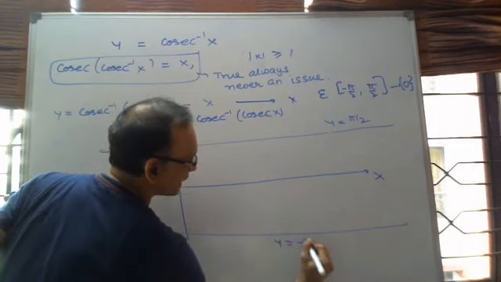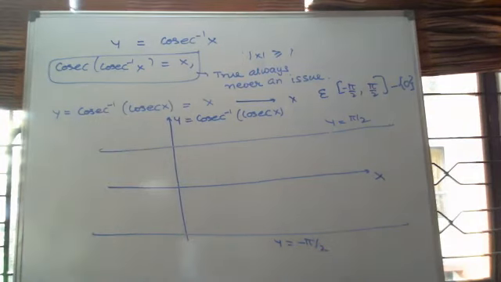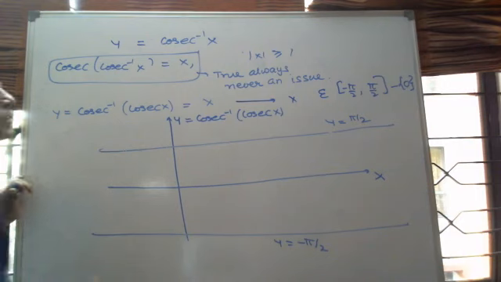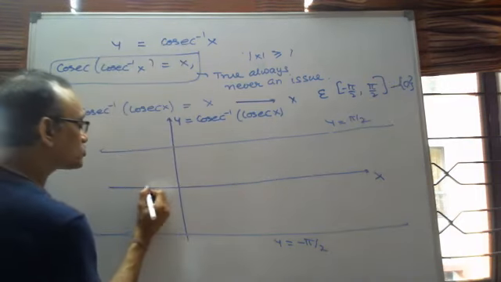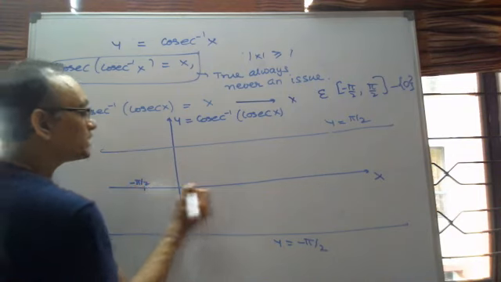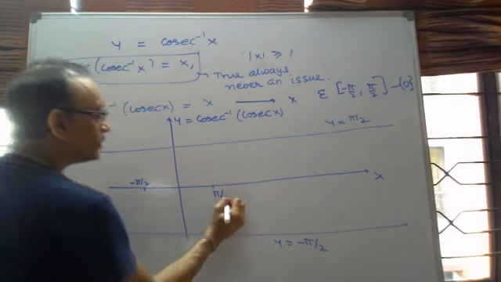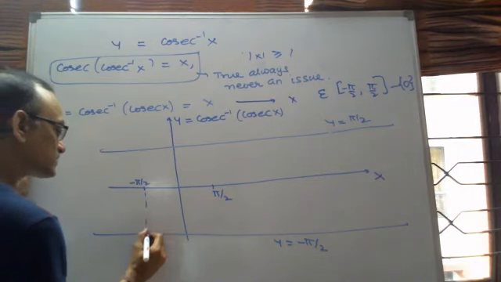When x belongs to this interval except x equal to 0, it will go like the line y equal to x.